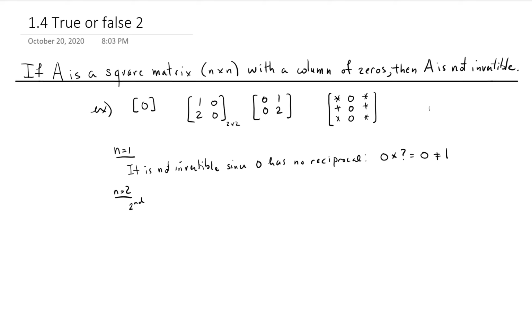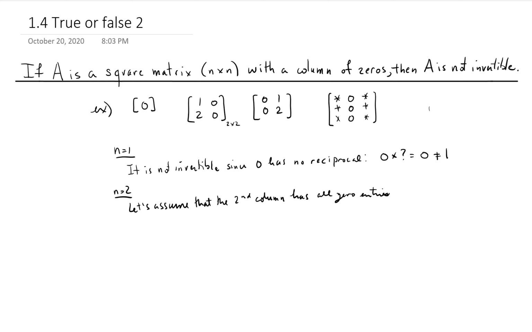So we're going to assume the second column has all 0 entries, or rather, the second column is a column of zeros.